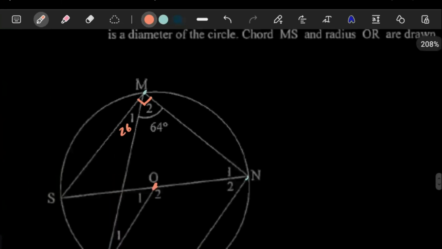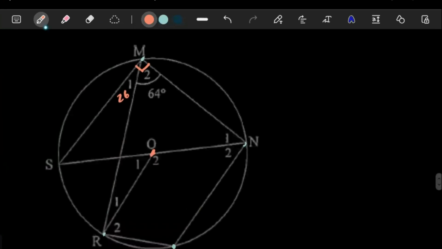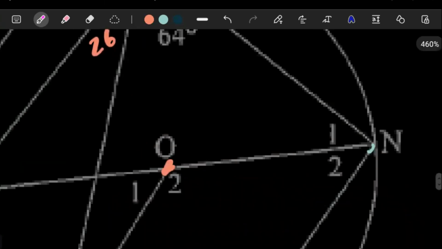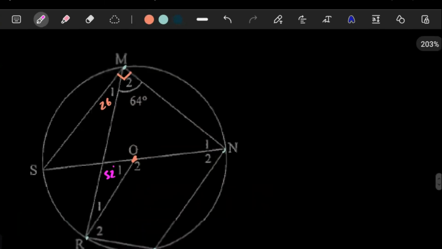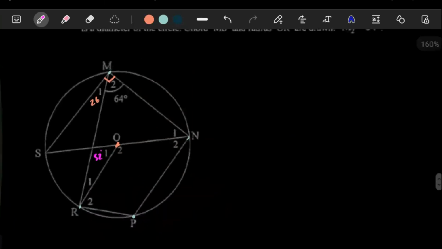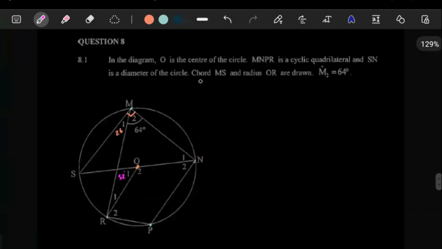Just by looking at the sketch and knowing your work, if this is 26, this has to be double, so this is 52, because the angle at the center is double the angle at the circumference. Then they said here MS. There's MS over there, and the radius OR is just drawn. So you have the radius OR here, and then there's OS, ON, and then MS.